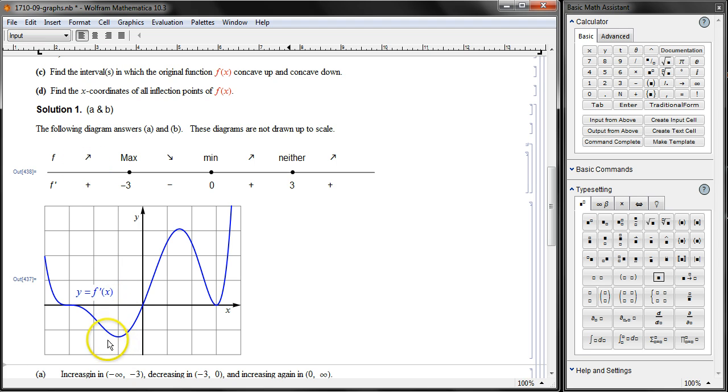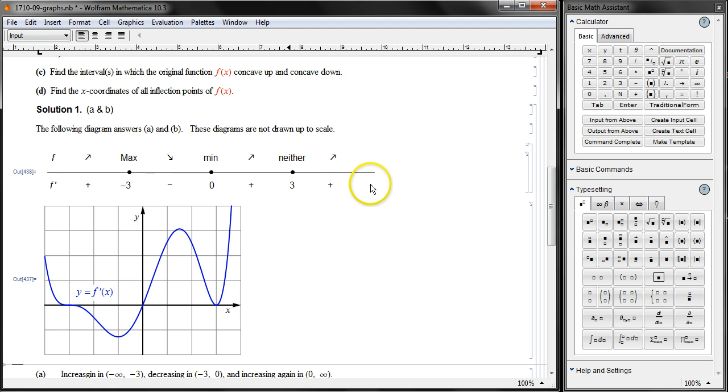Here, the derivative is below the x-axis, which means it's negative, so the original function is decreasing. Between 0 and 3, the derivative function is above the x-axis, so it's positive. Again, over here, this graph is above the x-axis, positive. That means the original function is increasing and keeps on increasing.